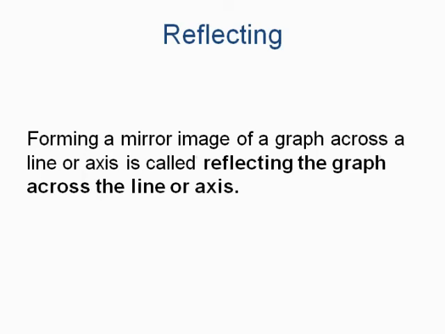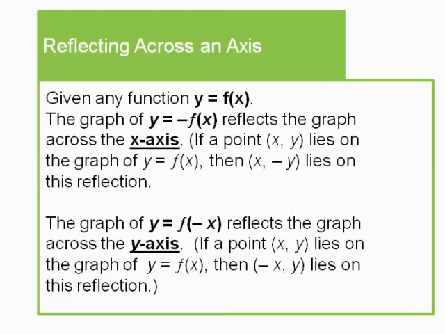Next, reflecting. We're making these graphs dance just like in the old westerns, making people dance. Forming a mirror image of a graph across the line or axis is called reflecting the graph across the line or axis. It may even get back to our symmetry test we've talked about. So notice if we're given a function y equals f of x, if we negate a function, it's going to reflect it about the x-axis.